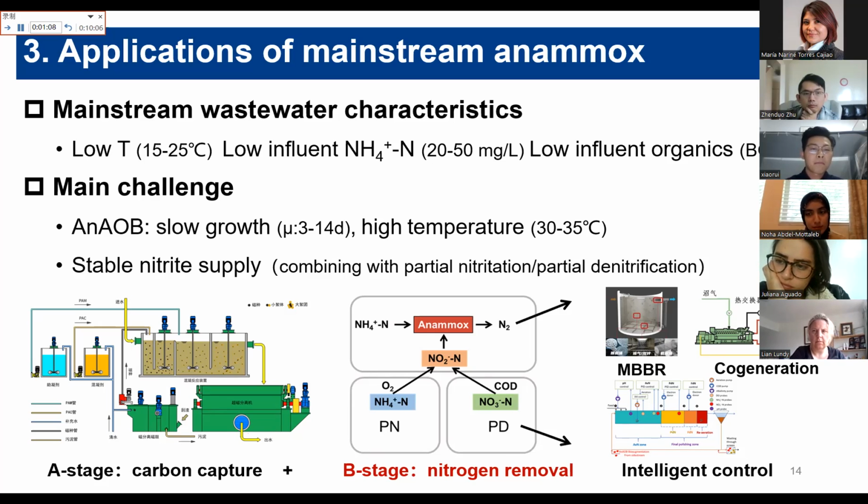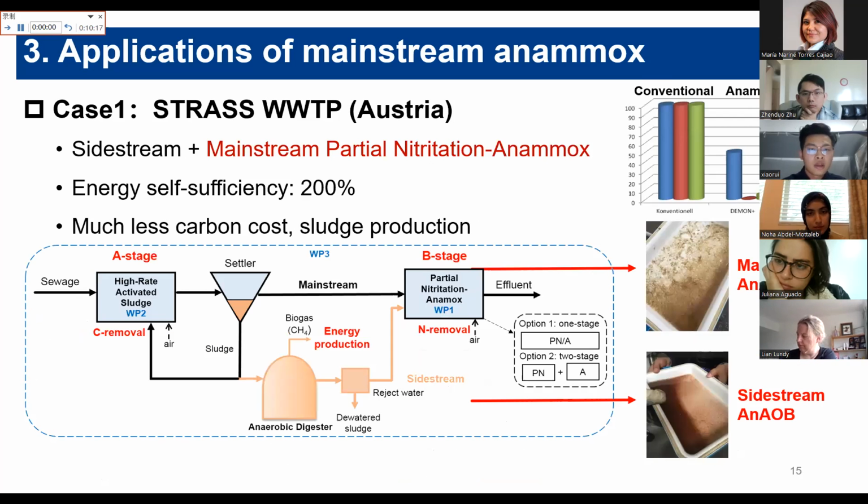Therefore, it should be combined with partial nitritation and partial denitrification to meet the nitrite supply. And nowadays, there are 3 cases in which mainstream Anammox has been successfully applied, which can bring us some ideas.